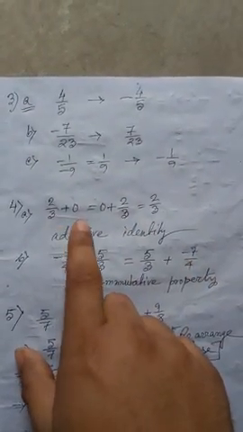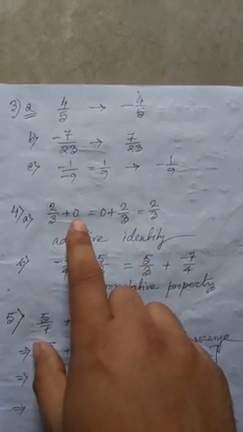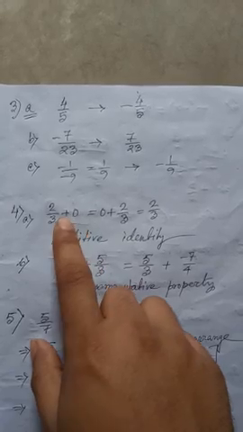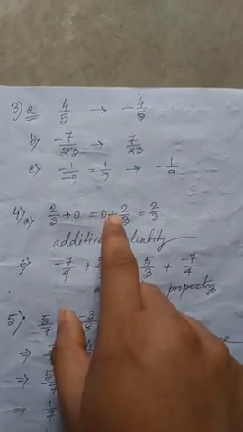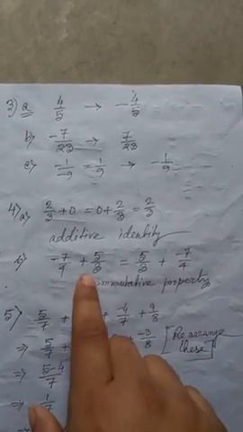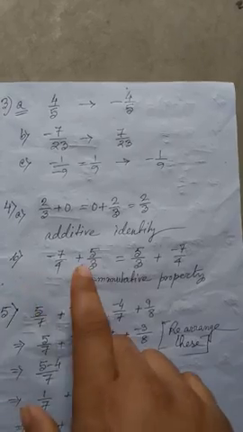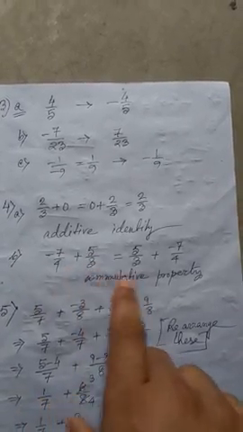Now this property is called additive identity, because 0 is the additive identity. When we add 0 with any number, the answer will be that number, and this is called the commutative property. Previously we did this. It is the commutative property.